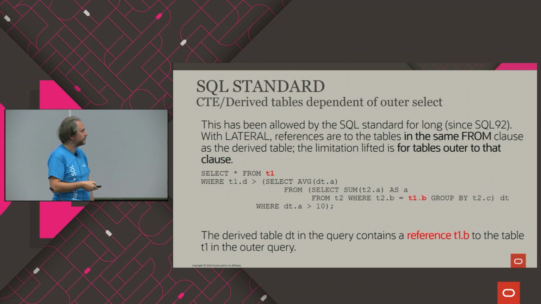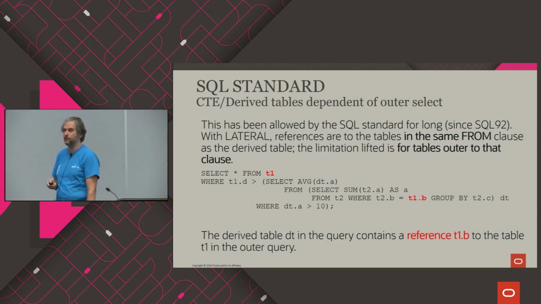With lateral, references are to tables in the same from, right? Now the limitation is lifted for tables outer to that clause. So you see, this is the from. I'm creating a reference to this one that is not in the same from, but outside. Okay.